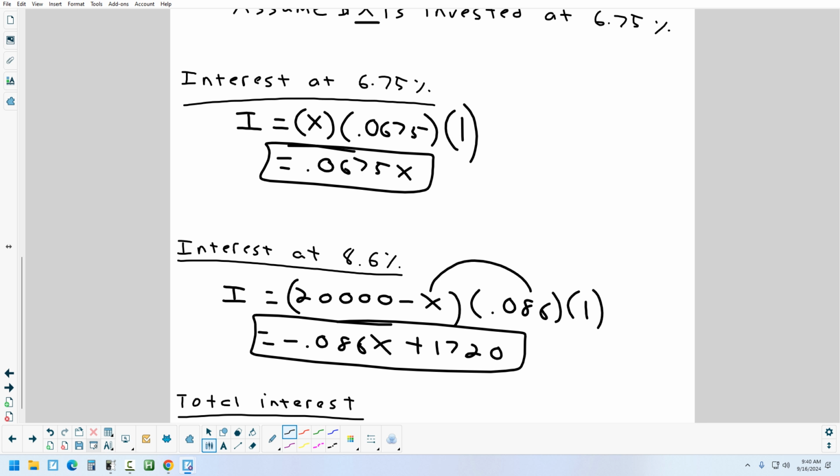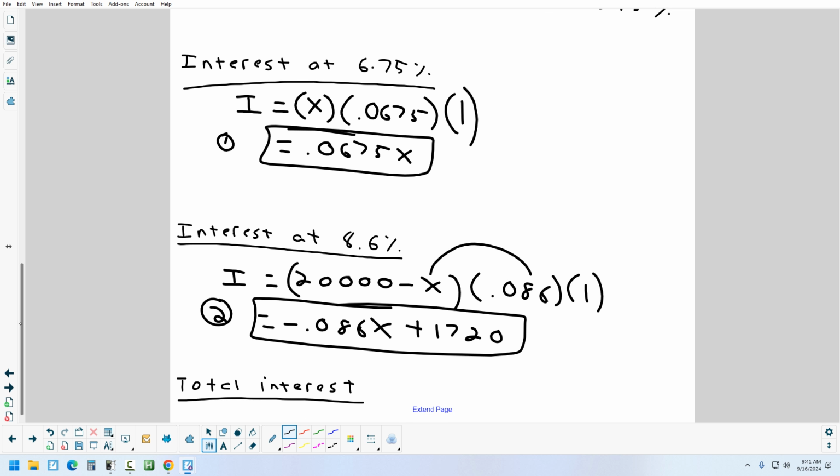Now, to find the total, what would we do with the interest earned from box 1 and the interest earned in box 2? We're going to add them up. So we're going to add box 1 and box 2. So just combine like terms.